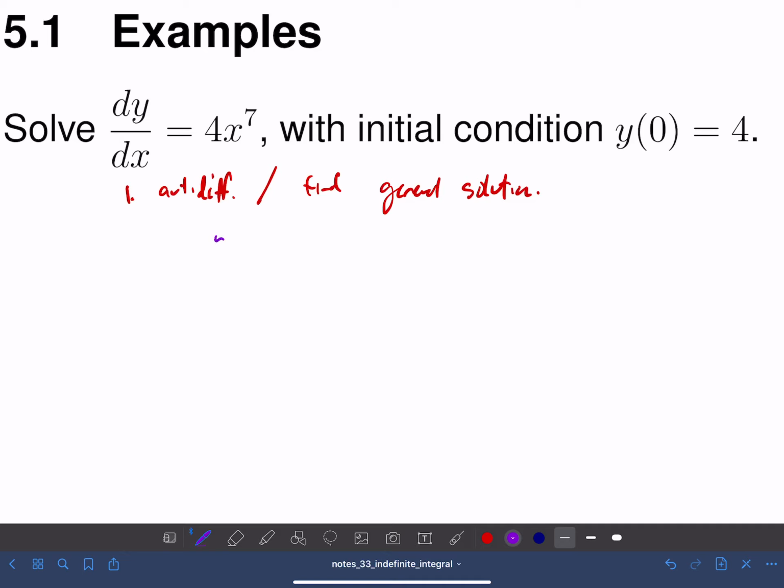So then y is going to equal the integral of 4x to the 7 dx. And now I'm going to literally do that integral. y equals 4x to the 8 over 8 plus c. It's important that I have my plus c because in step 2 I'm going to find its value.